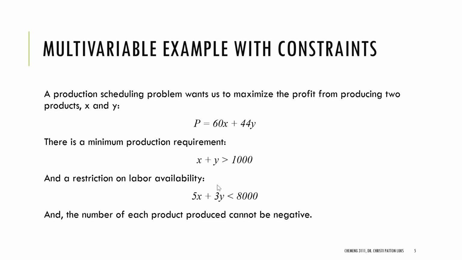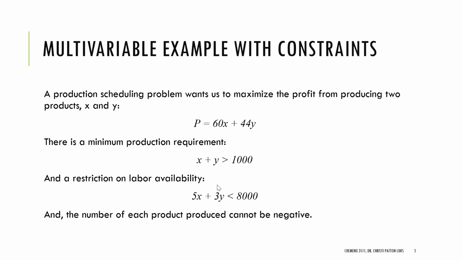But I do have a minimum production requirement. I need to have at least 1,000 units made. And I only have so much labor available to do this. Looks to me that product X takes a little more time and effort to make.